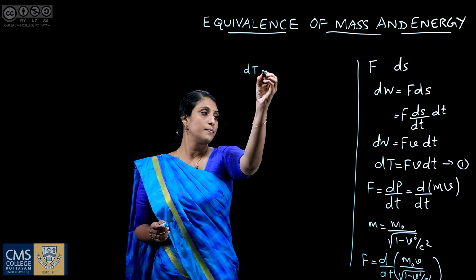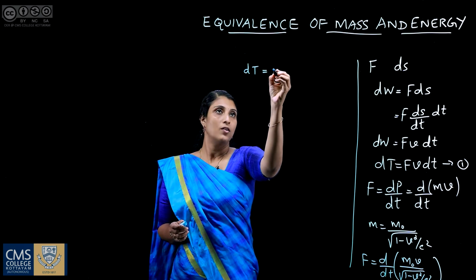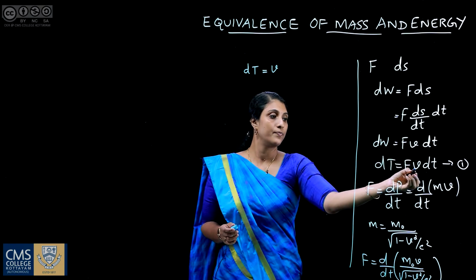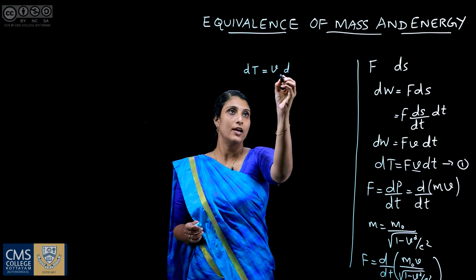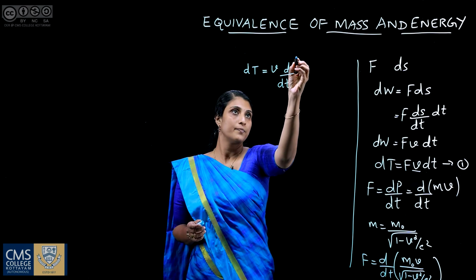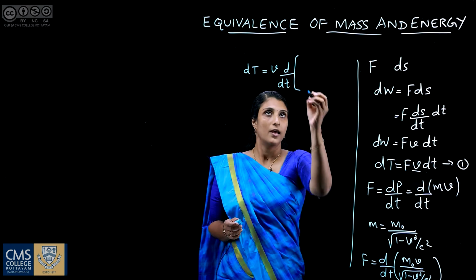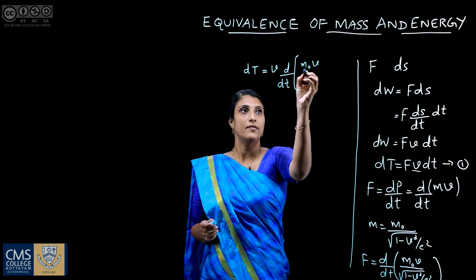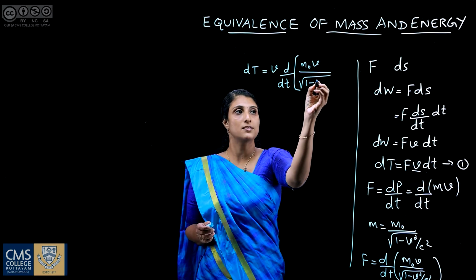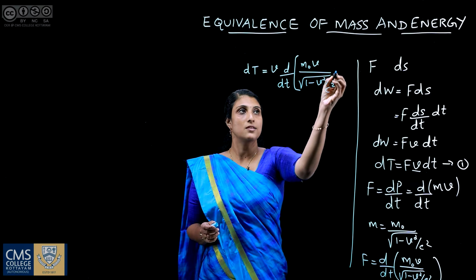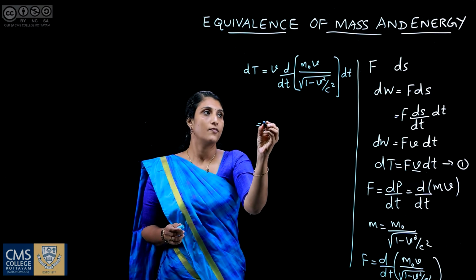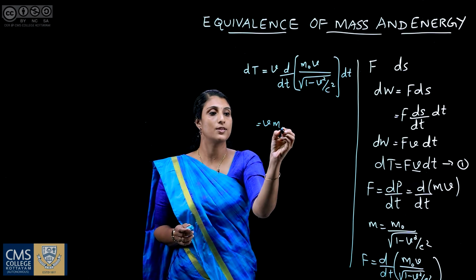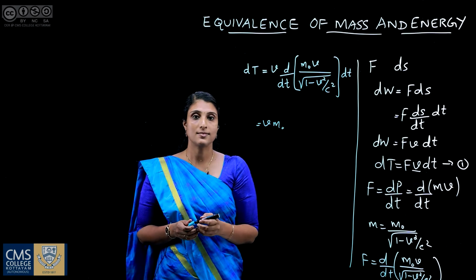dT equals v, and for F we have d by dt of m0 v divided by root of 1 minus v square by c square into dt, where m0 is the proper mass or the rest mass.